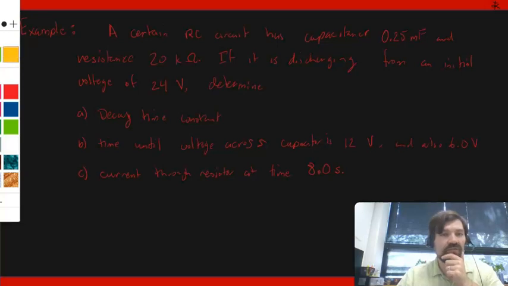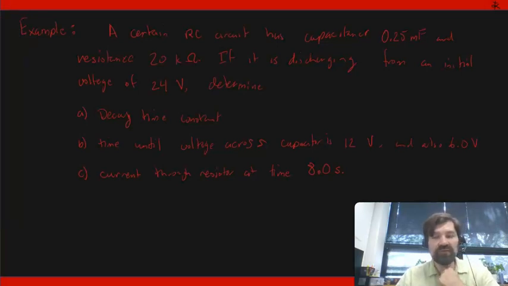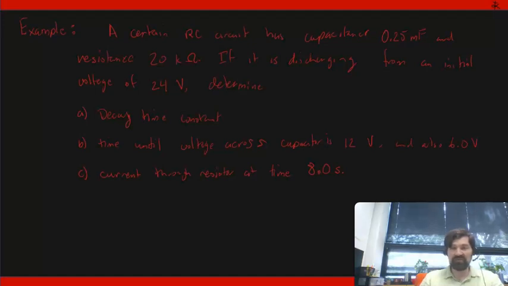So let's conclude by doing a set of examples, or an example of several parts to it. So suppose you have a certain RC circuit with a known capacitance and resistance, and it's discharging from an initial voltage of 24 volts. That's across the capacitor.